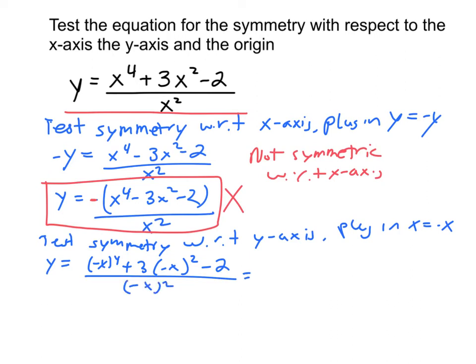Notice that for negative x to the fourth power, the negative sign goes away because it doesn't matter if it's negative when it's to the fourth power. Anything to a fourth power is going to be positive. So it's the same thing as x to the fourth plus, and the same deal goes for negative x squared, minus 2 divided by x squared.